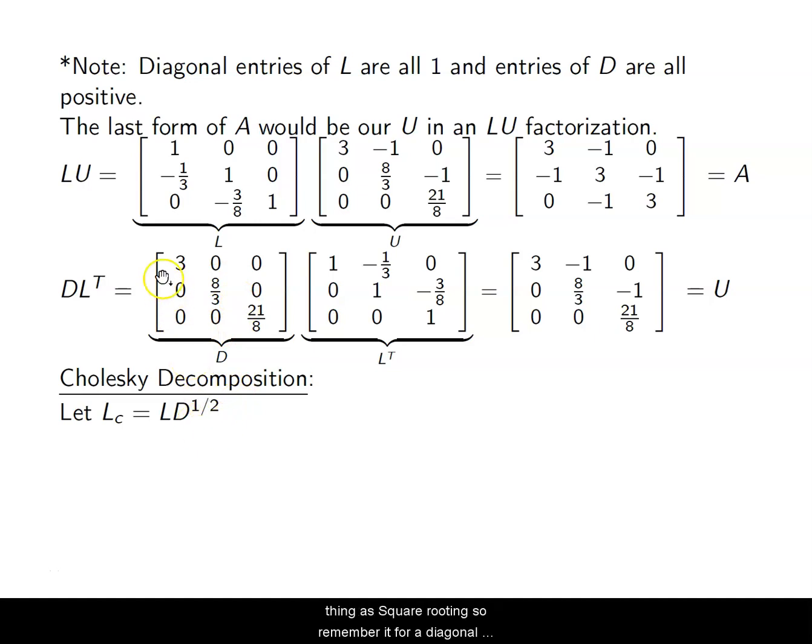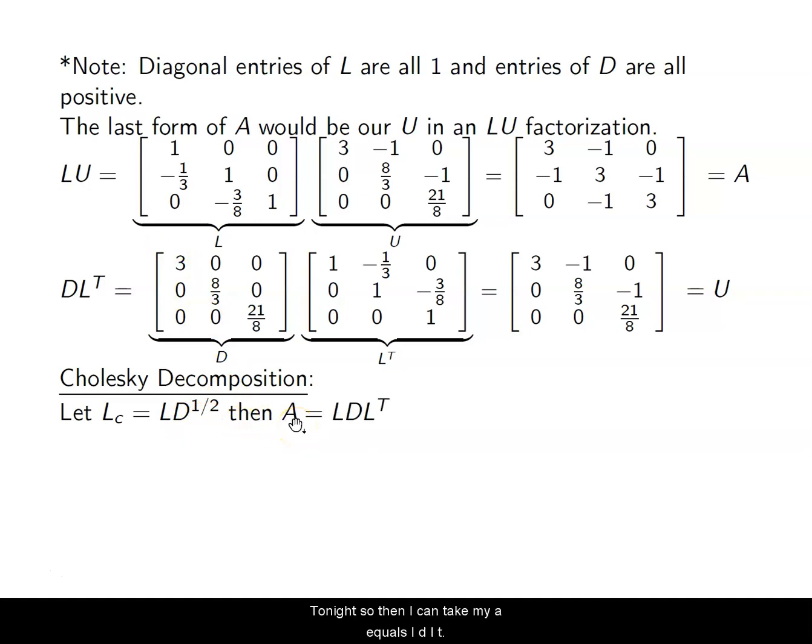So 1/2 power is the same thing as square rooting. Remember, for a diagonal matrix, if you're raising it to a power, you just apply that power to the diagonal entries. That's not true with any other kind of matrix, only diagonal matrices. If I try to do D cubed, I would cube all of these entries. So here this is to the 1/2 power.